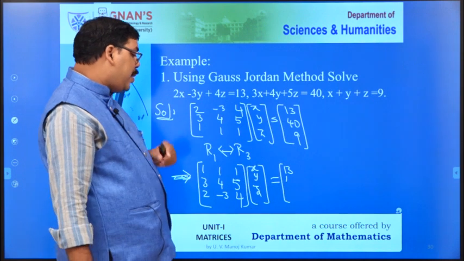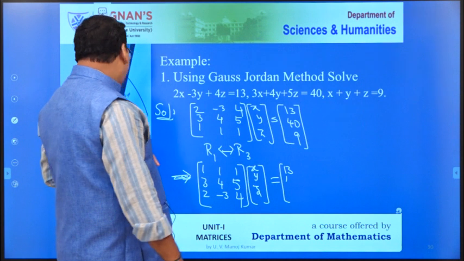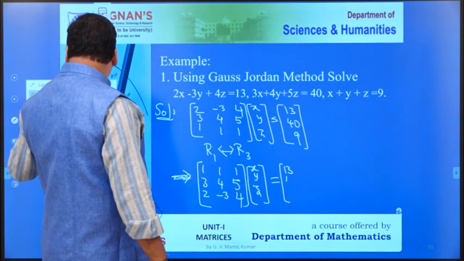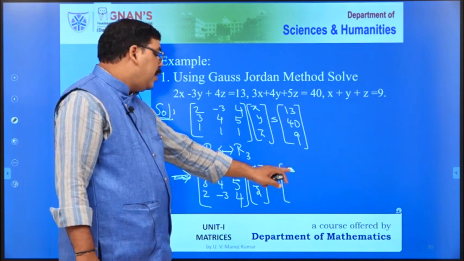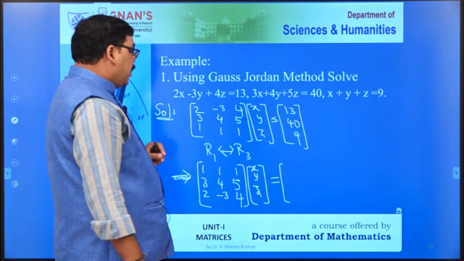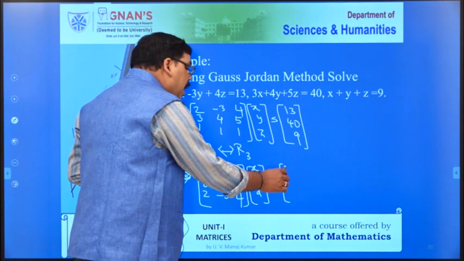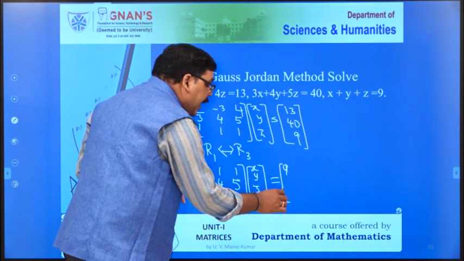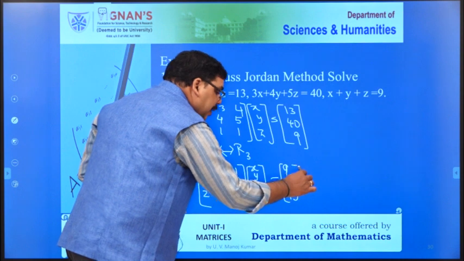We also have to apply the same row operation on B. So here the same row operation is also to be applied on B. R1 is interchanged with R3: 9, 40, 13.